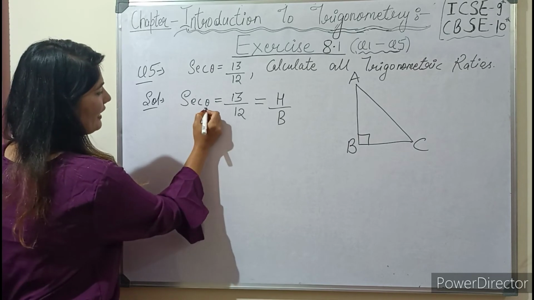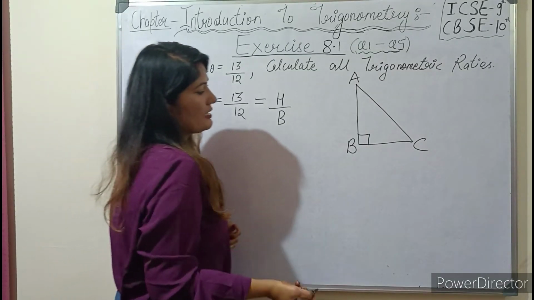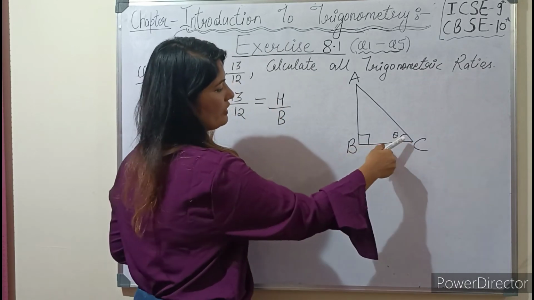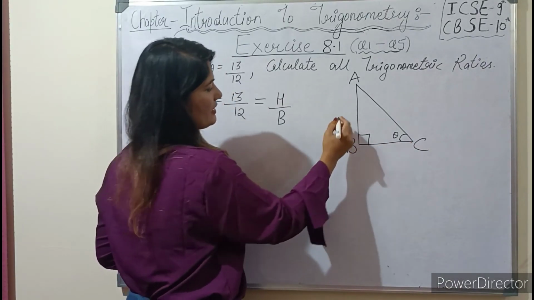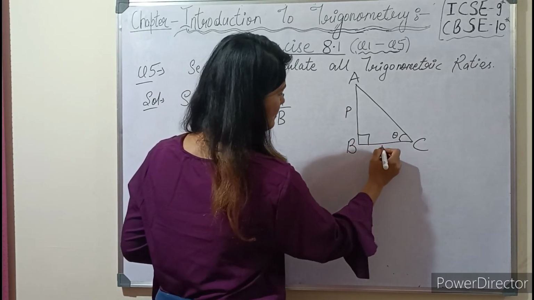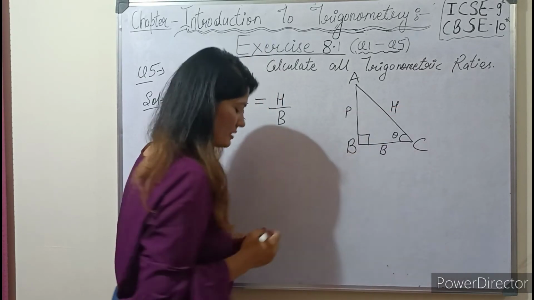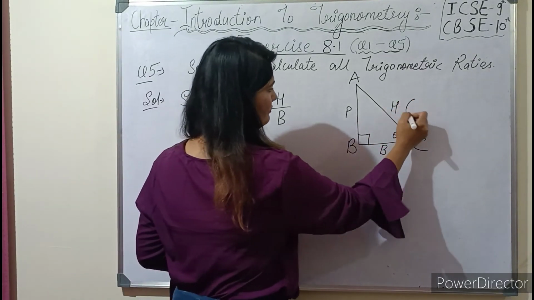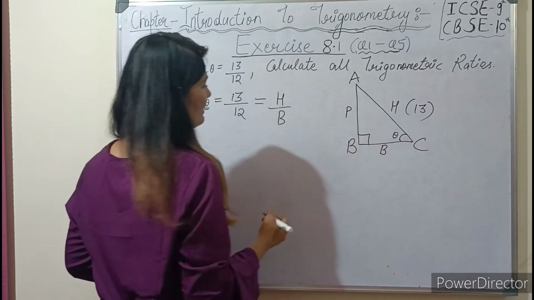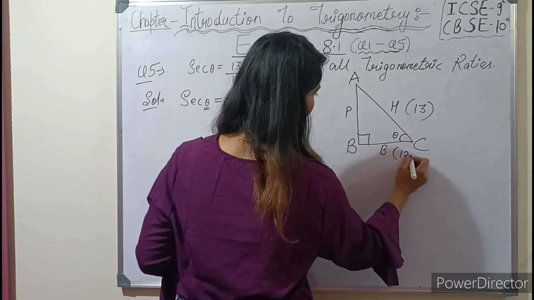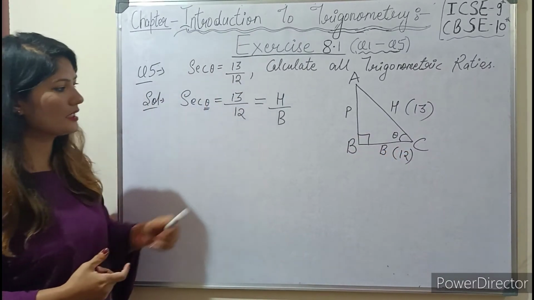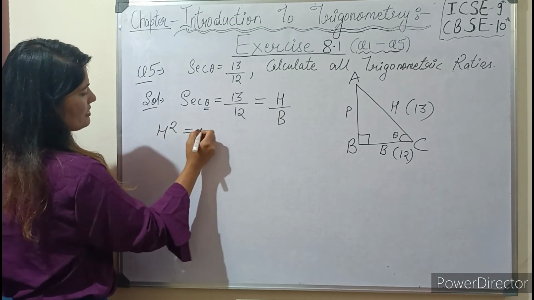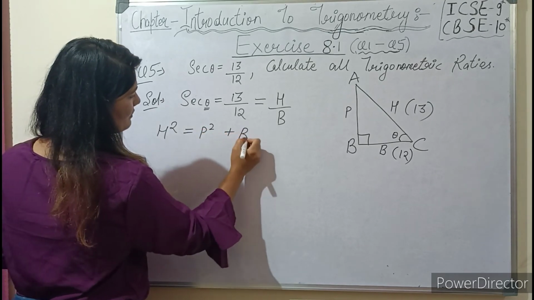But in this case the angle is theta. So let us assume that this angle C is theta. So for the given angle, this side is considered as the perpendicular, this is base and this is hypotenuse. Now the value of h is given, 13. The value of b is also given, that is 12. Again we need to find the third side. So by applying the Pythagoras property, that is h square is equal to p square plus b square.